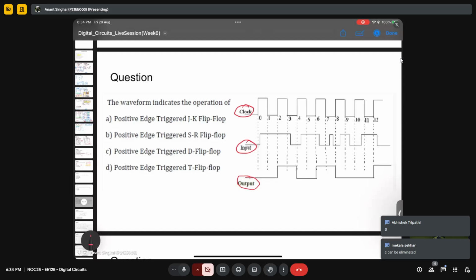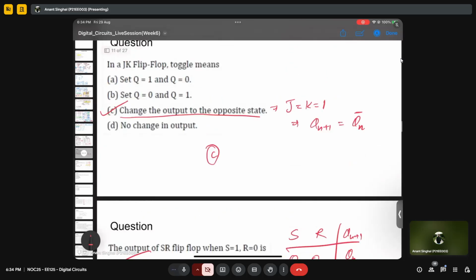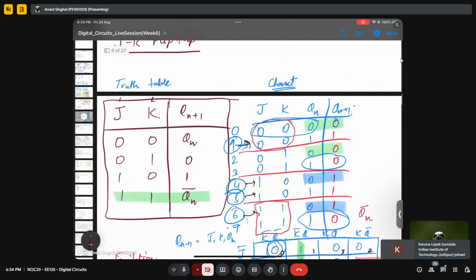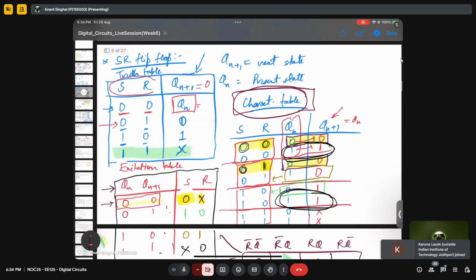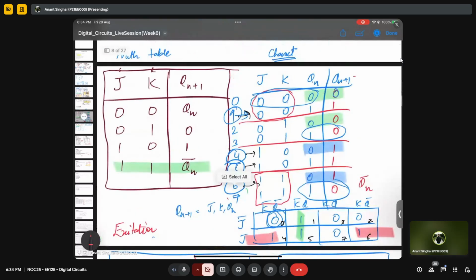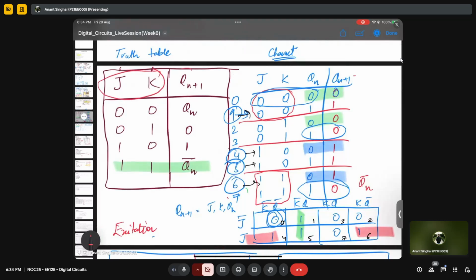Okay, so as you can see, there is only a single input and single output. If I go back, in SR flip flop there were two inputs and one output. In JK there were two inputs and one output.